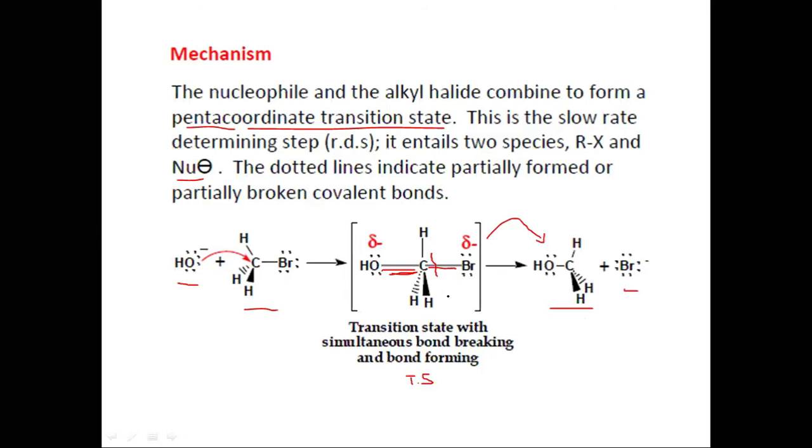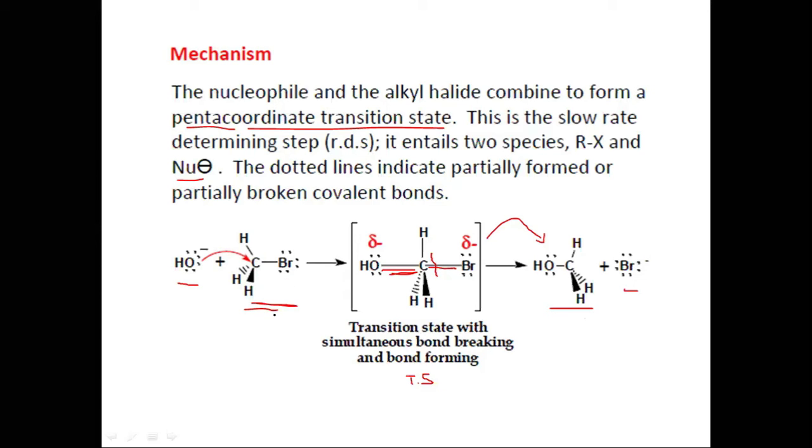So it is a single step reaction, and the transition state is the reaction intermediate. In the transition state, the carbon is pentacoordinated, with bond breakage between the carbon and the leaving group, and a new bond formation between the carbon and the nucleophile. If the substrate is optically active, then generally you get inversion at the carbon.